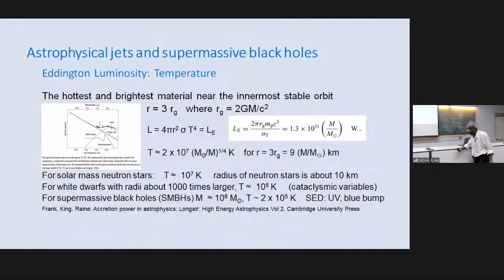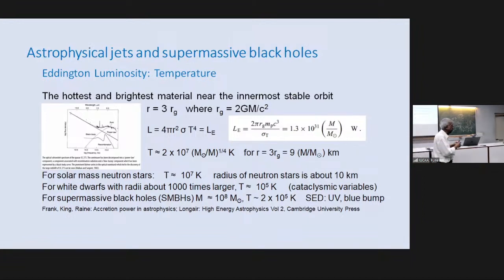Now, you can also find out at what temperature the black hole would be emitting, because what is happening over here is a thermal process, right? Matter is getting accreted, the accreting material is heated, and it is radiating like a black body.